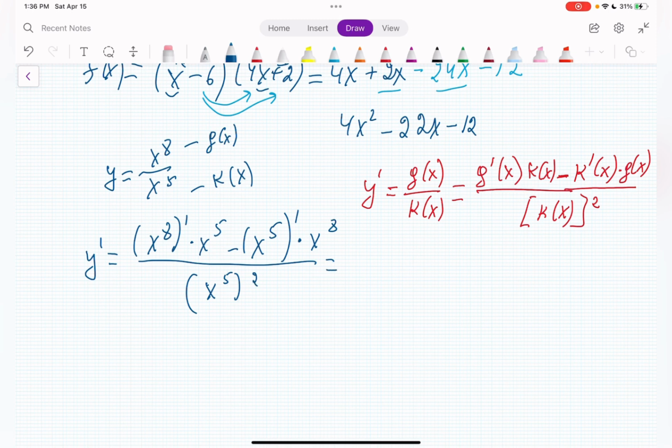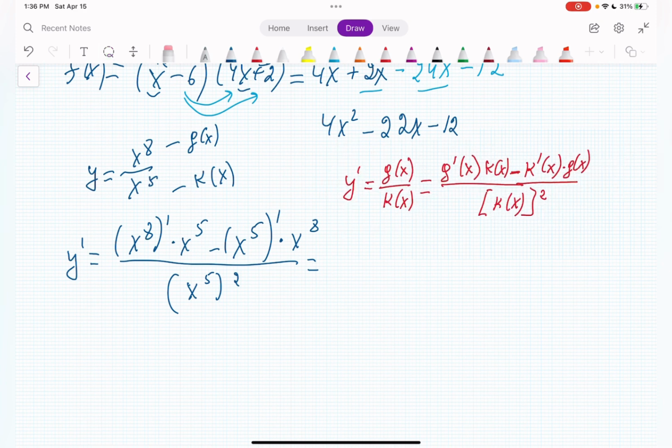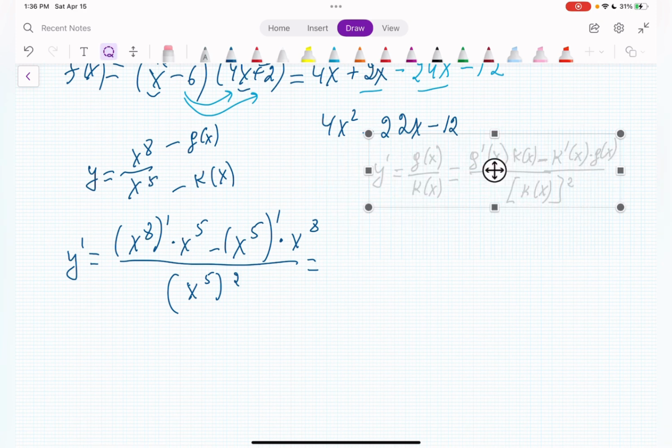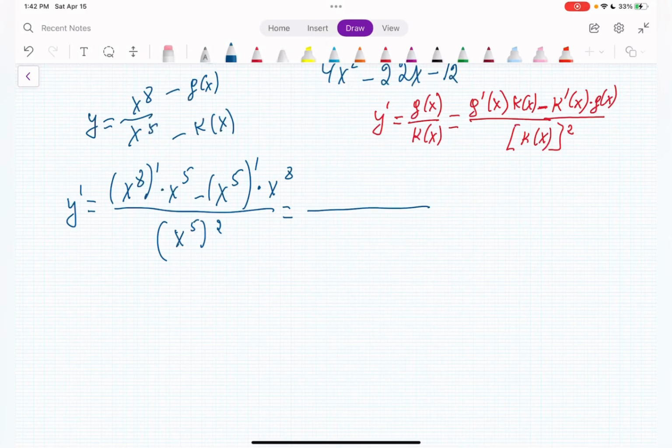How much is the derivative of x to 8? So the derivative of x to 8 is equal to 8x to 7, right? 8 comes in front, and 8 minus 1 is 7, times x to 5.